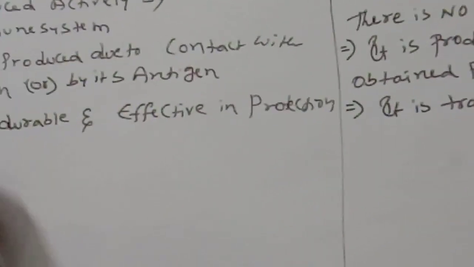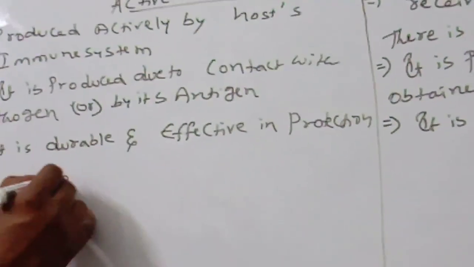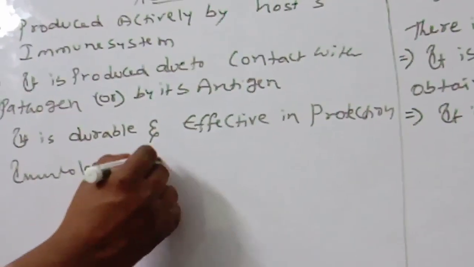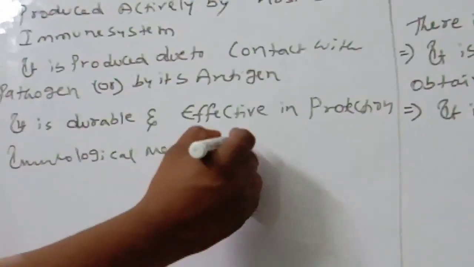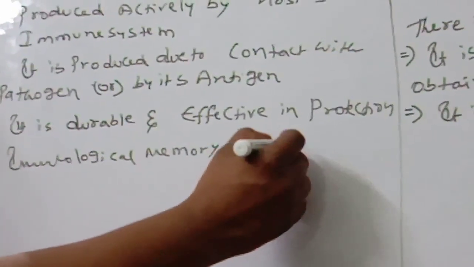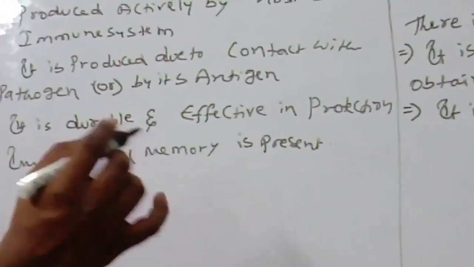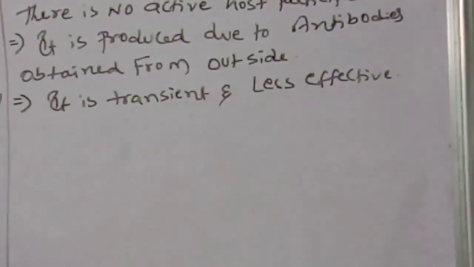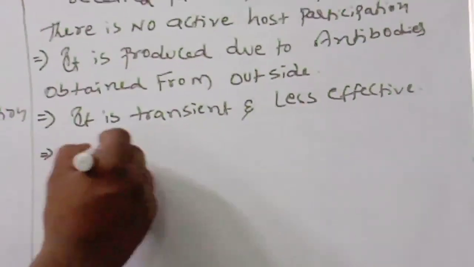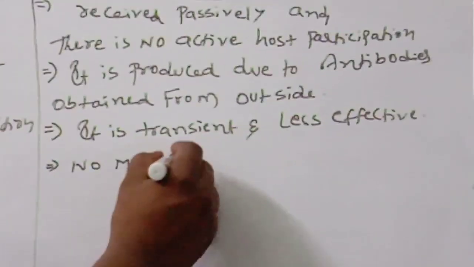Next, in active immunity, immunological memory is present, but here no memory.